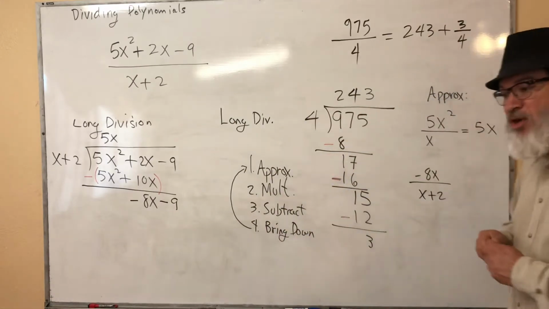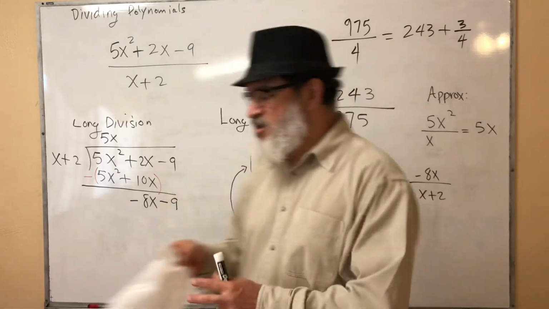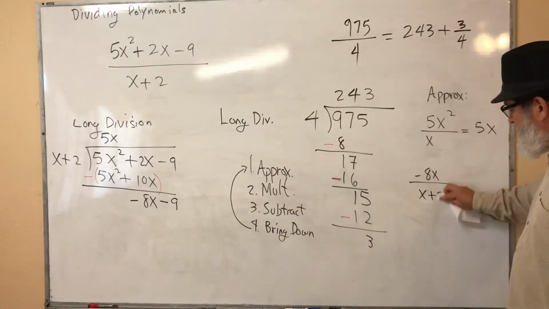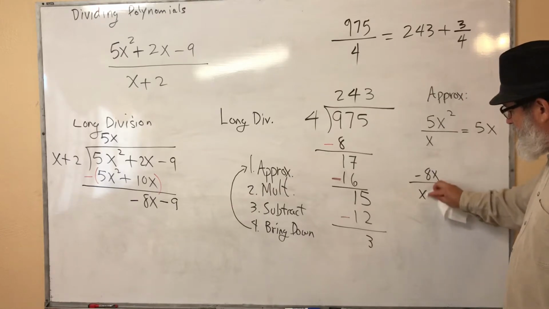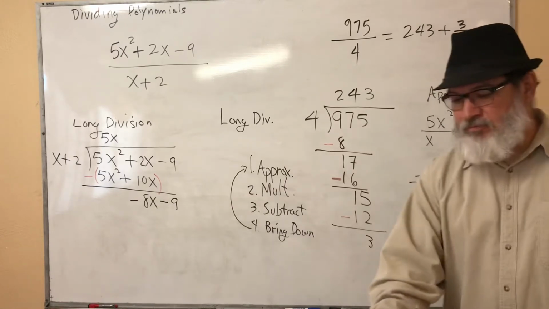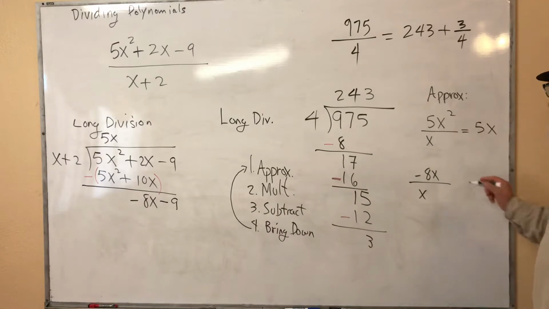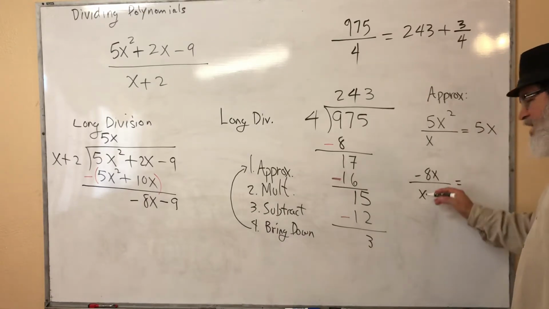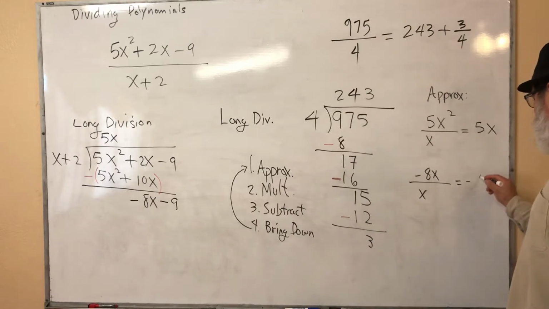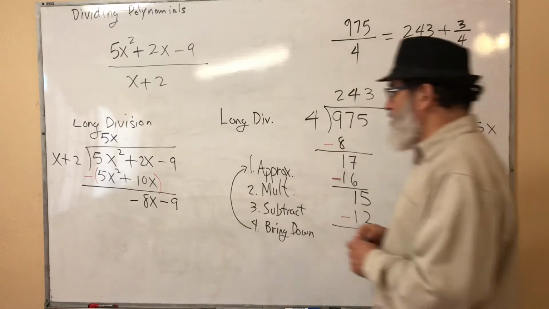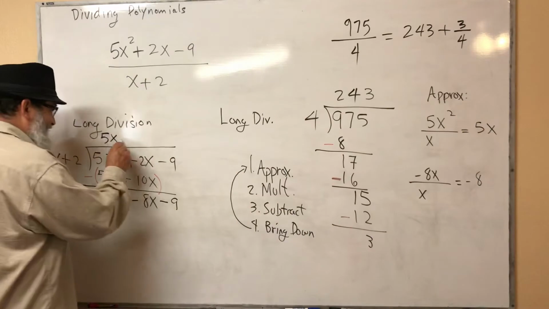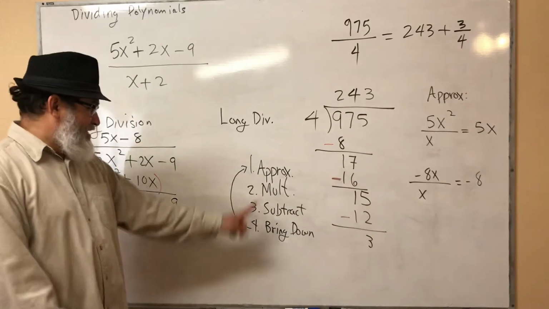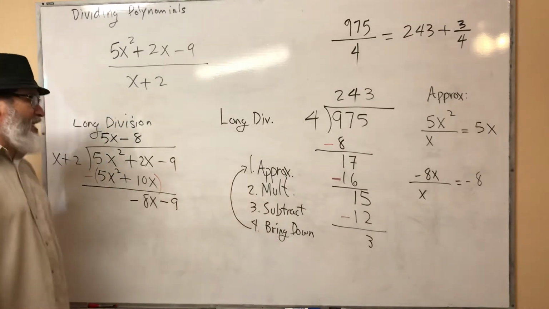But since you're only approximating, you can drop the 2. And so now we say, what is negative 8x divided by x? The x cancels. We get negative 8. That's your approximation. Now we're going to multiply.